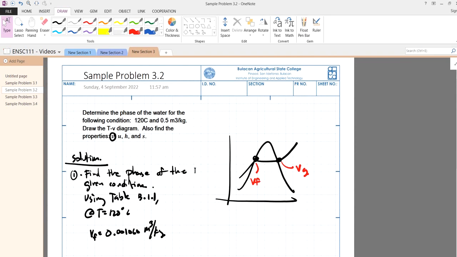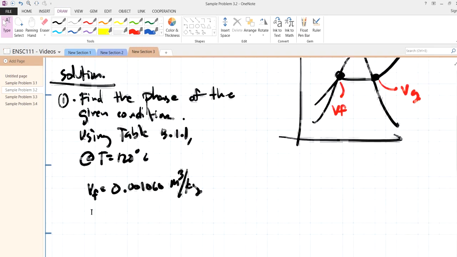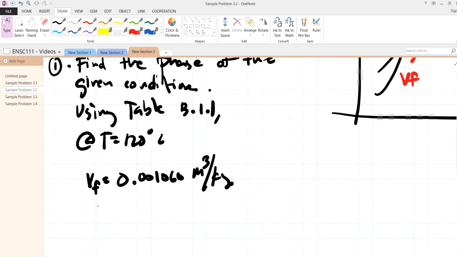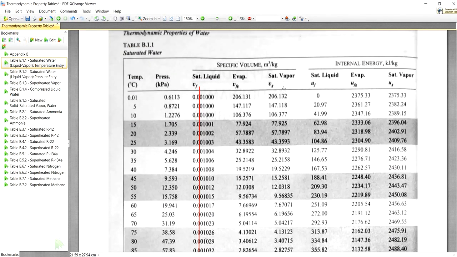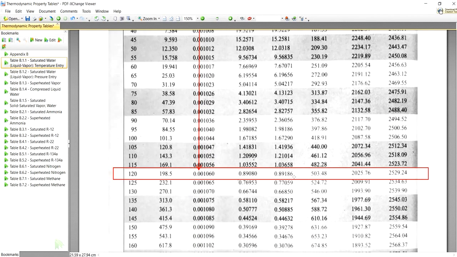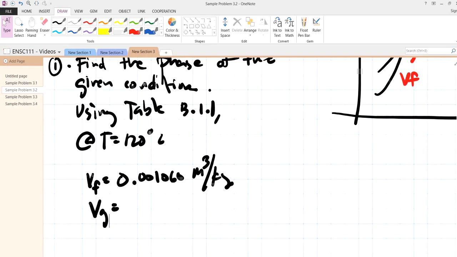So VF is 0.001060 and VG is equal to 0.89186 cubic meter per kilogram.